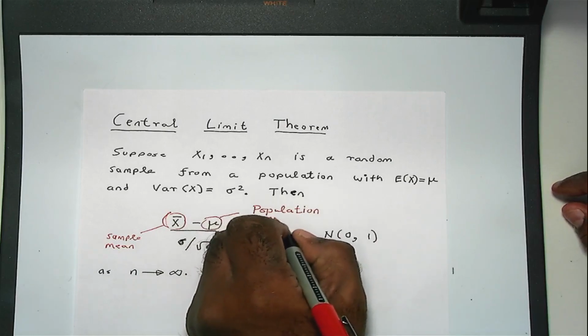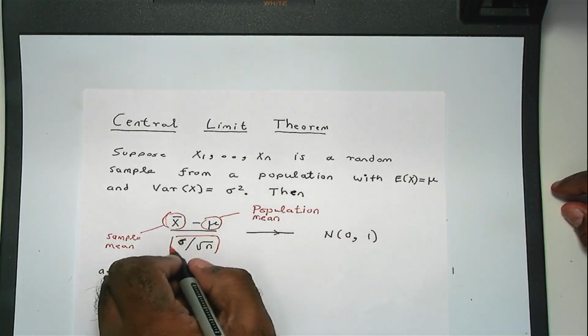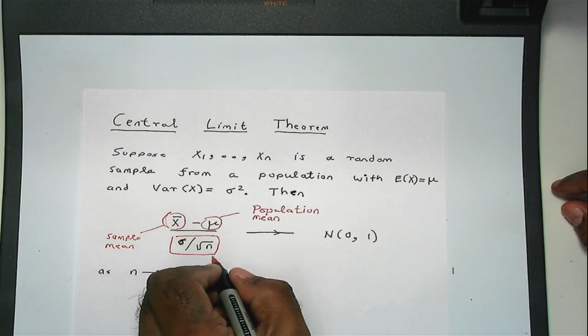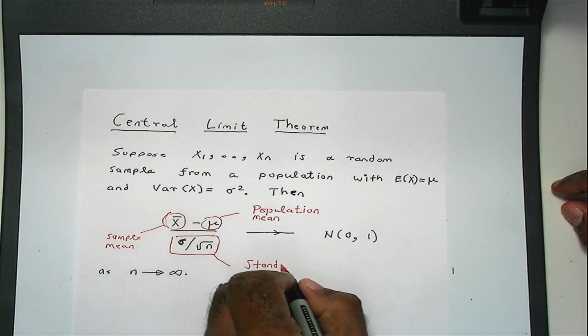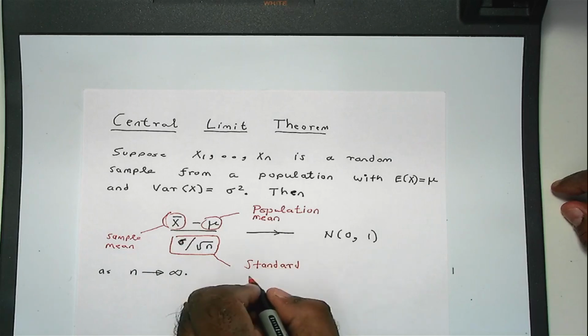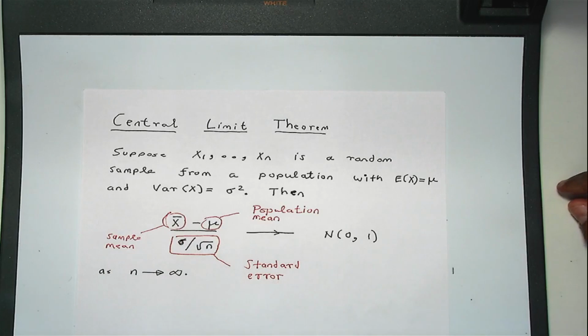And this guy here, sigma by root of n, is known as the standard error. And this is one of the most celebrated results in statistics. There's not a book in statistics that doesn't state the central limit theorem.